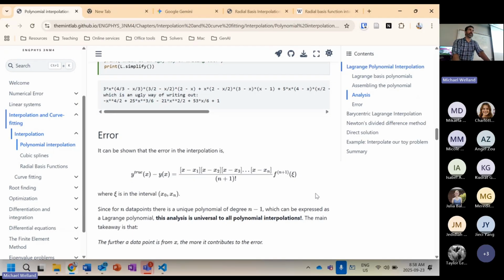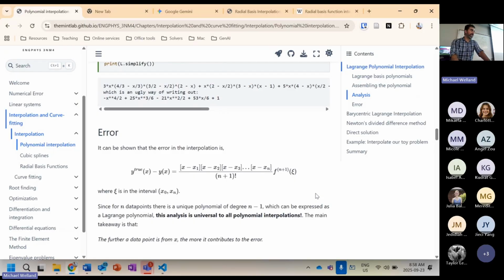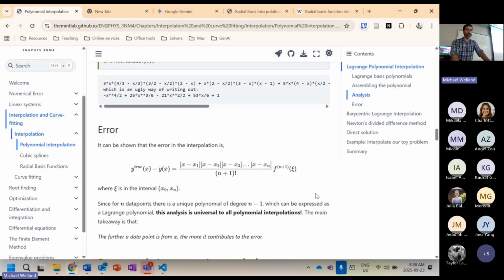And this function is actually uncalculatable. It's one of these mathematical proofs that this value is somewhere in the interval between x naught and here. The reason I'm saying that is because it means the further the data point is from x, the more it contributes to the error.